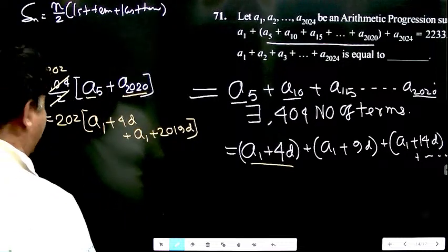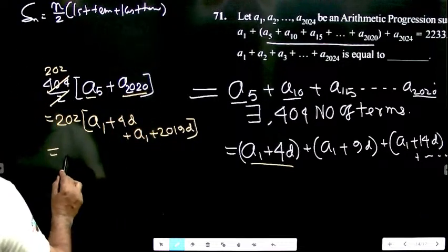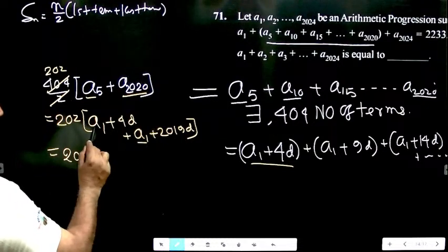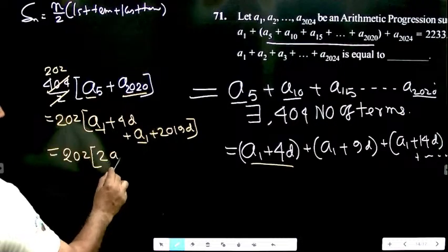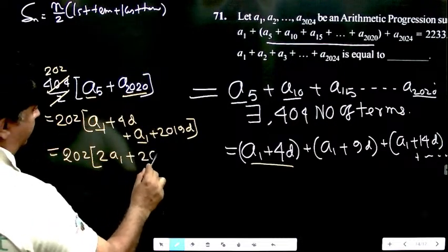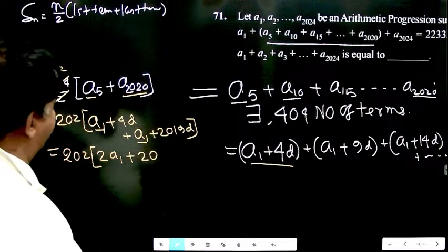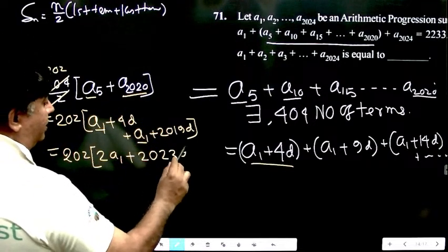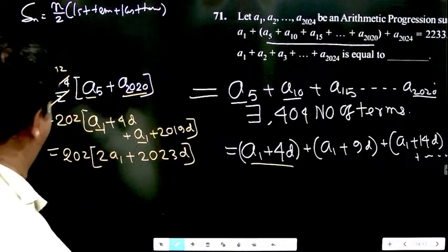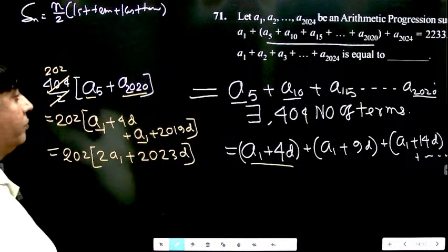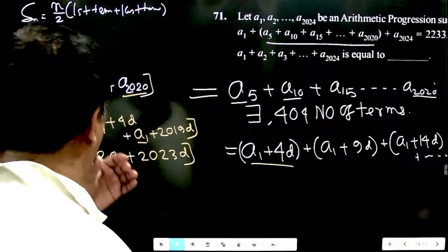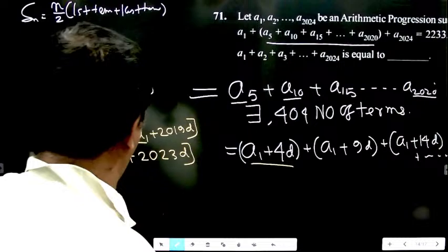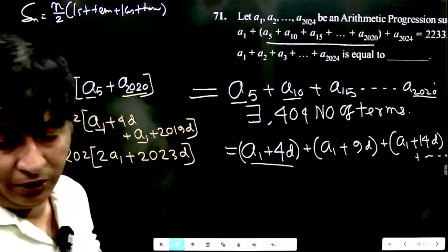So that gives us what? A1 plus A1, twice A1 plus 2023D. Yes or no? Yes, sir. 2023D.